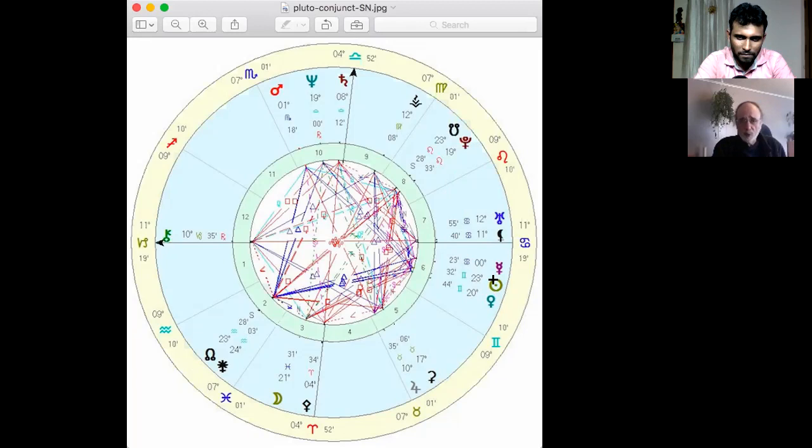Actually, the way Jeffrey put it was that the stressful aspects, like squares and conjunctions, tend to point to the relive, and the more harmonious aspects, like sextiles and trines, tend to point to the fruition.